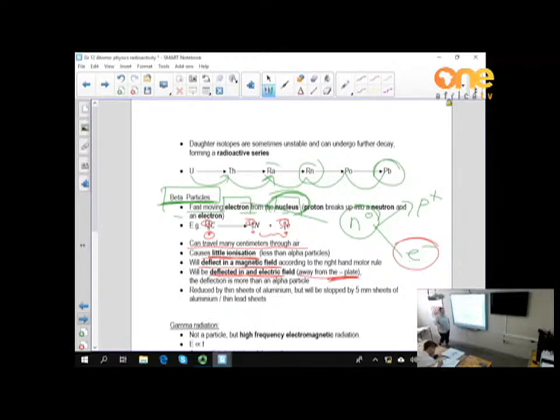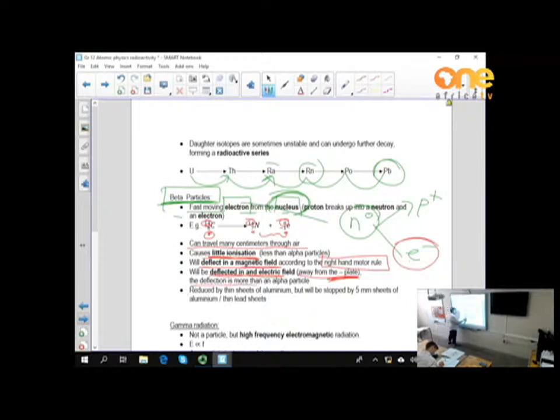In a magnetic field, it's simply going to be deflected according to the right-hand motor rule, because the right-hand motor rule is for electron current. And then we will say, well, the deflection of the electron is at right angles to the direction of movement and the magnetic field. All right.